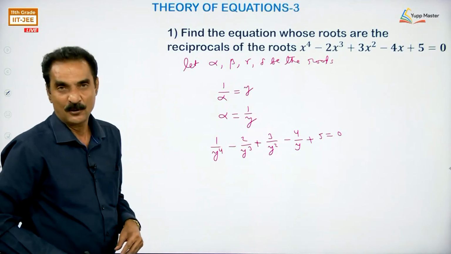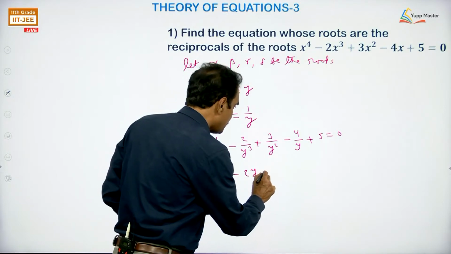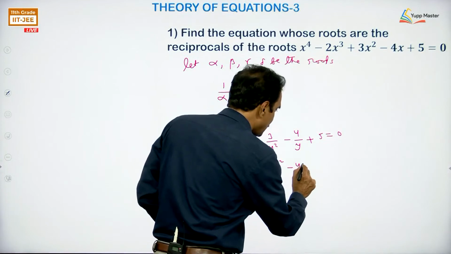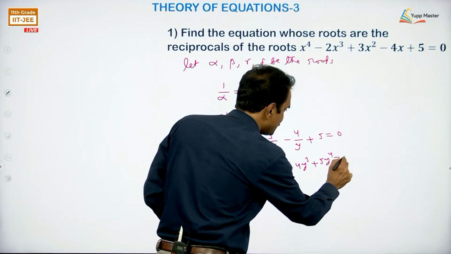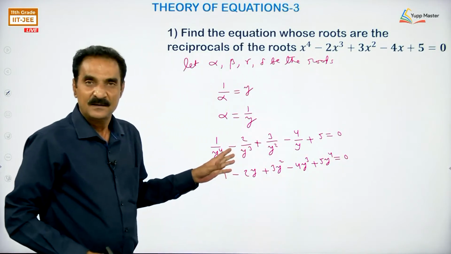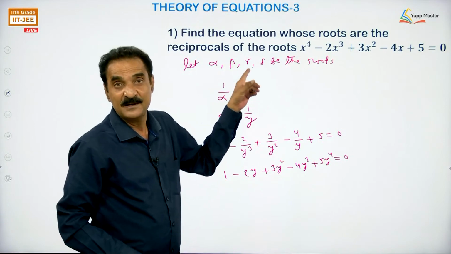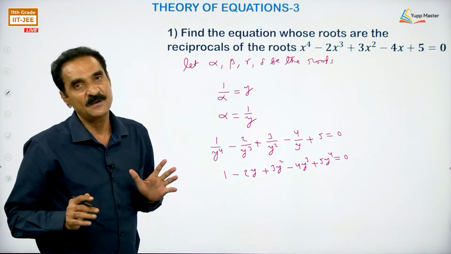Multiplying by y power 4, 1 minus 2y plus 3y square minus 4y cube plus 5y power 4 is equal to 0. This is the fourth degree equation whose roots are 1 by alpha, 1 by beta, 1 by gamma, 1 by delta. But we should write the final answer in terms of x.